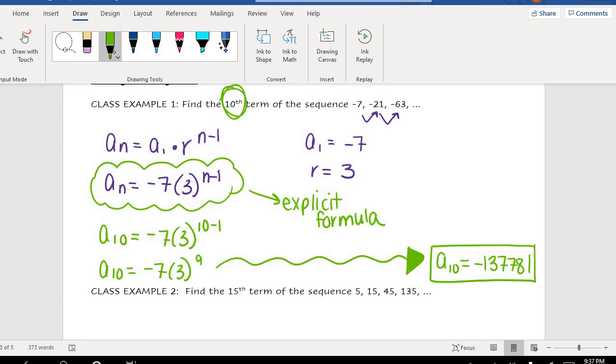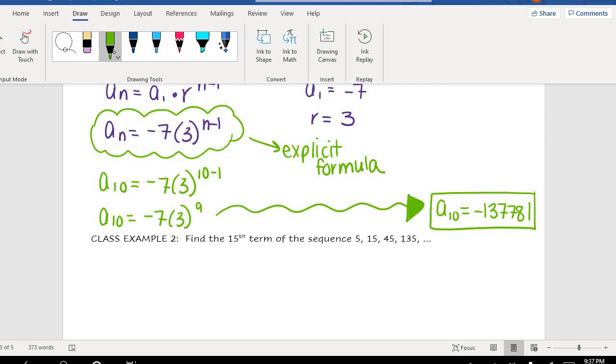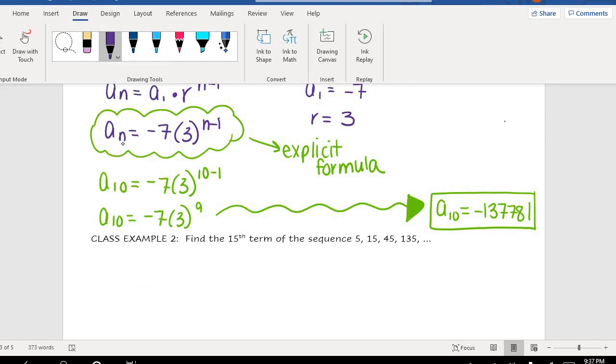Alrighty, finally, class example number 2. Find the 15th term of the sequence 5, 15, 45, 135. So again, this is where we put it all together. So first we're going to find the explicit formula, then we're going to use it to get the 15th term.